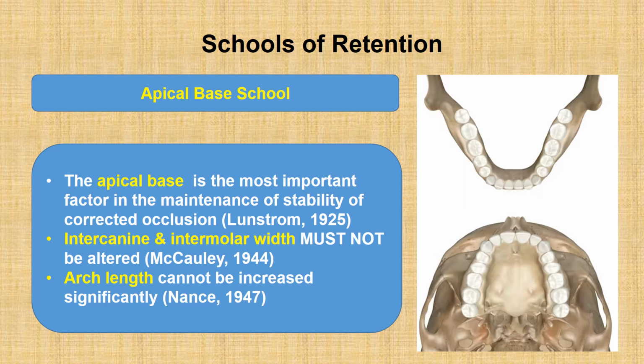Okay. Now, the next school of retention is the so-called apical base school. Now, according to this school of thought, the apical base is the most important factor in the maintenance of stability of the corrected occlusion, and thus the intercanine and the intermolar width must not be altered with treatment, and arch length cannot be increased significantly.